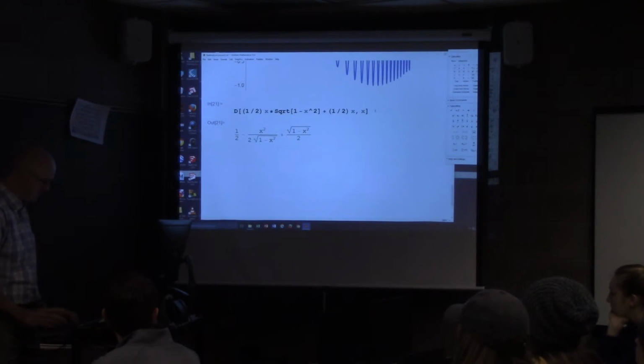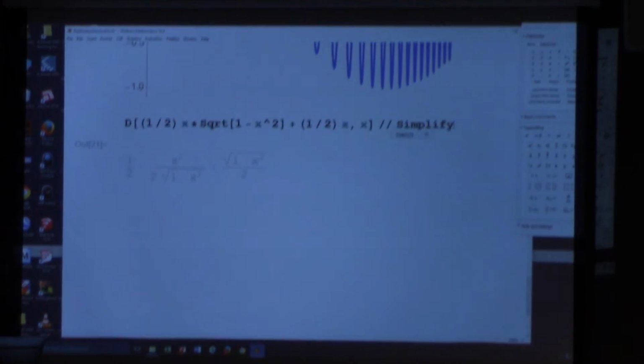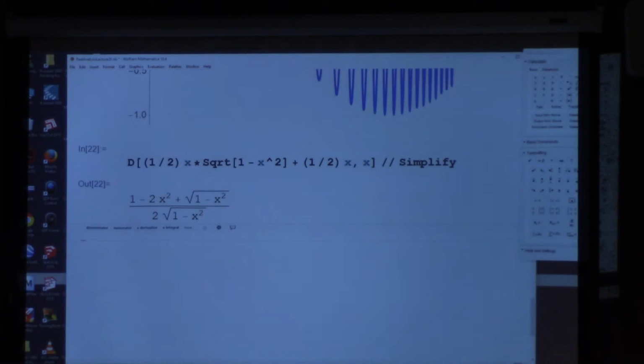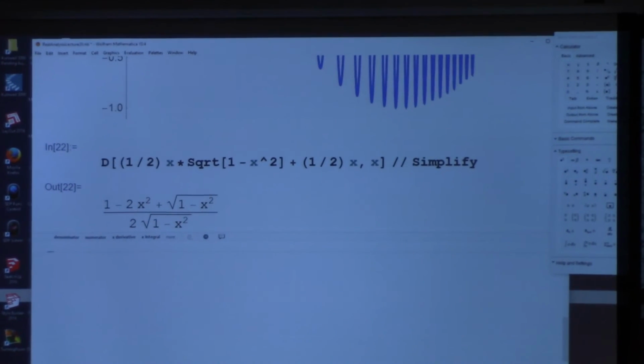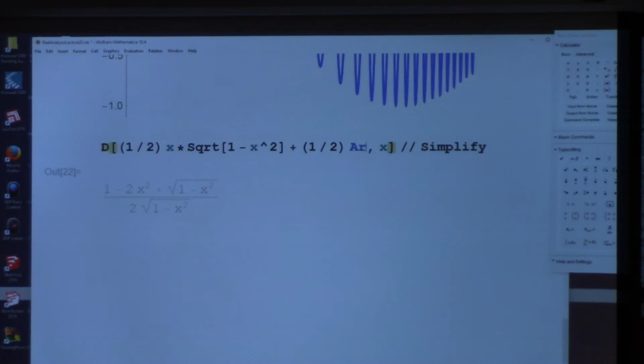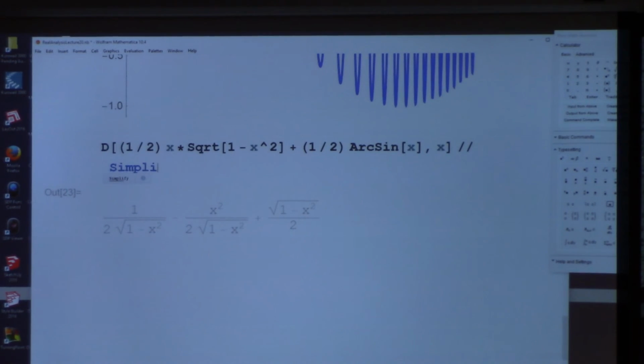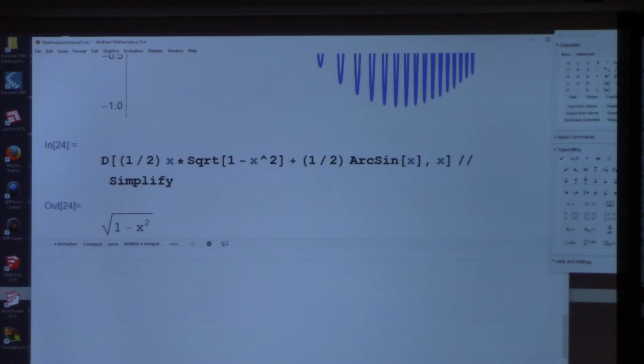But I think if we simplify, it comes out right, I think. No, it didn't. Where's my mistake? Oh, arcsine. Yeah, what am I doing? Arcsine x. Okay, we want some suspense again. It doesn't look right when we don't simplify. But if we do simplify, yes, there we go. Yes. Come on.